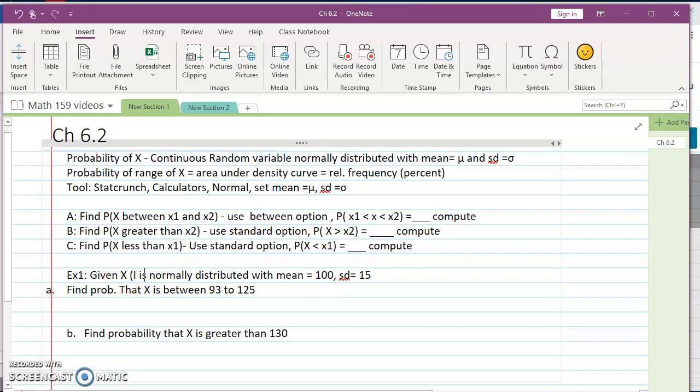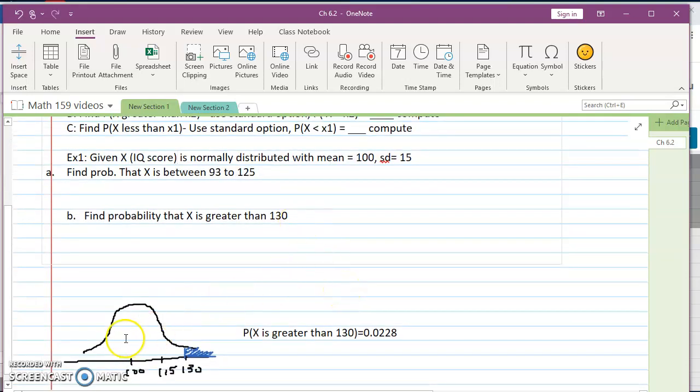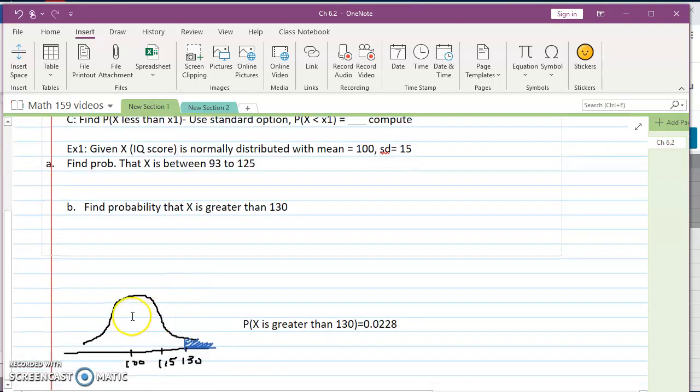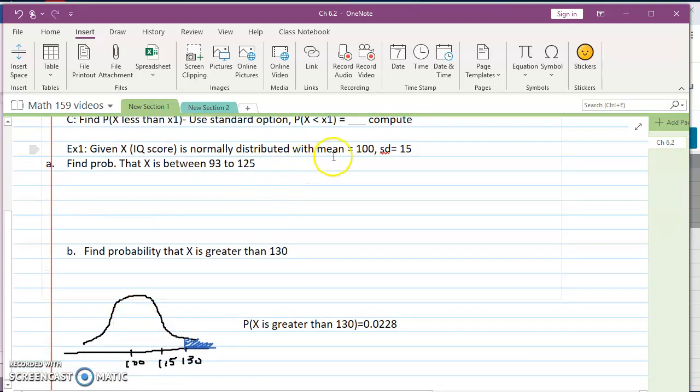IQ scores are biologically determined, so it is normally distributed. And so we want to find out what is the probability that x is between 93 to 125. And we were given that the mean is 100, the standard deviation is 15.